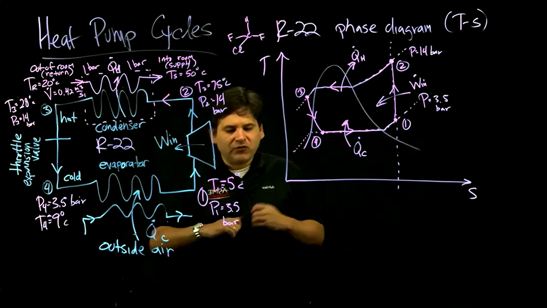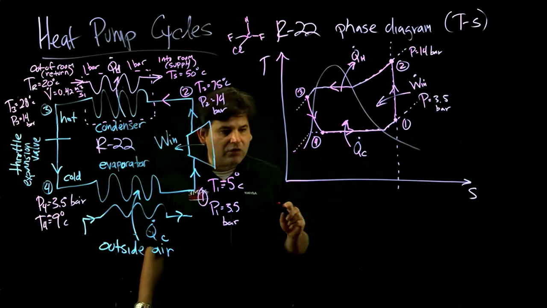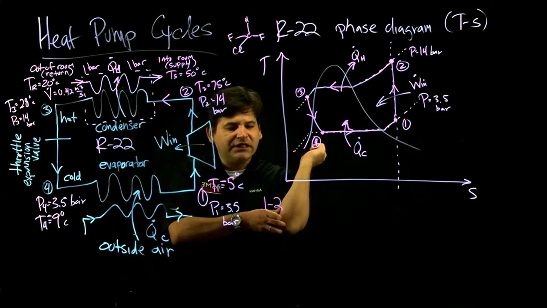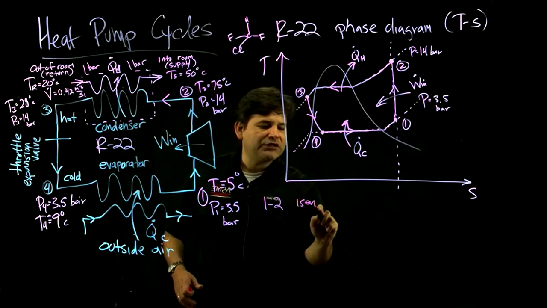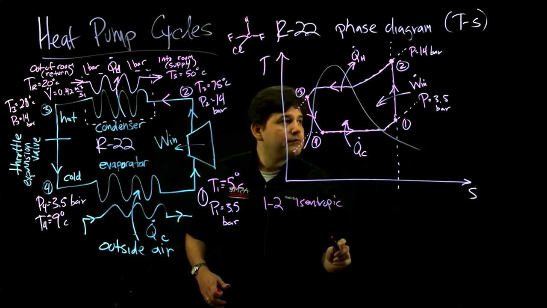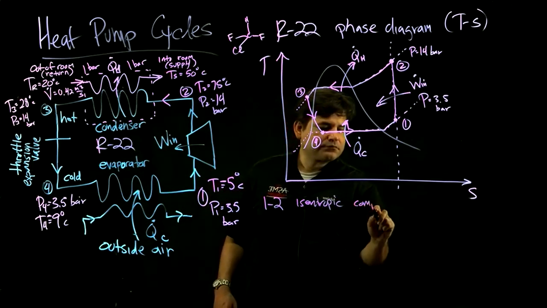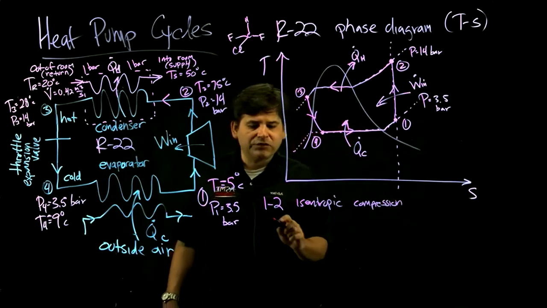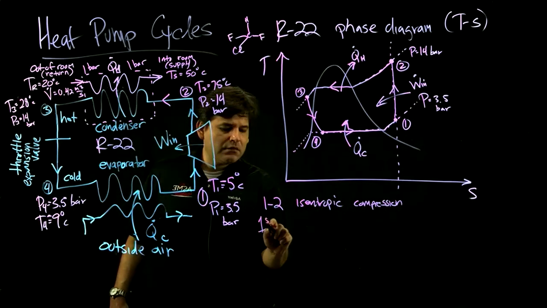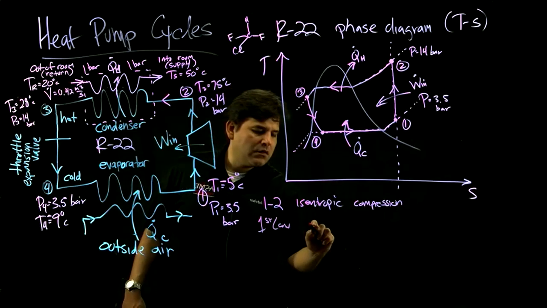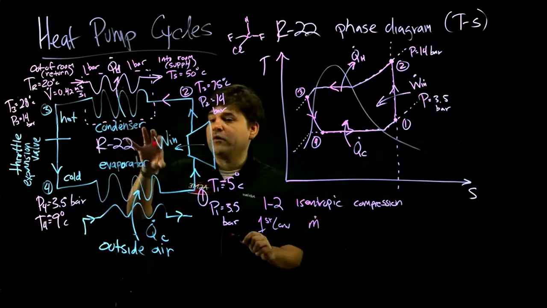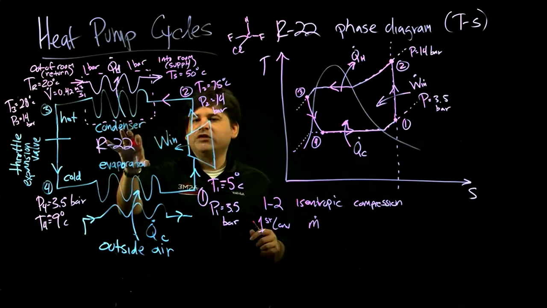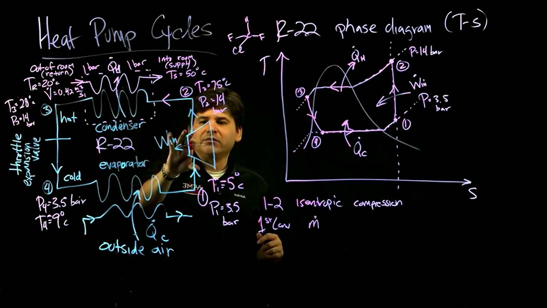And if we look on a table, let's analyze the stage from state 1 to state 2 by isentropic compression. This would be the first law, with the mass flow rate of the refrigerant. The first law on the system of the refrigerant is what we're concerned with at the compression stage.